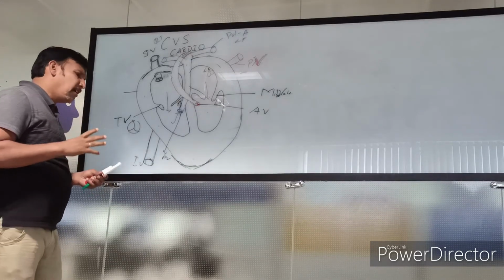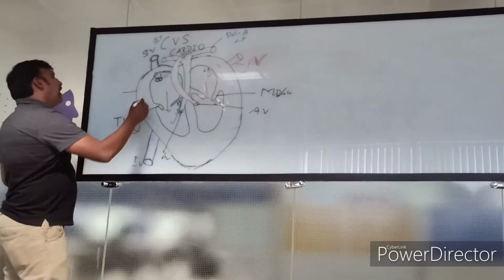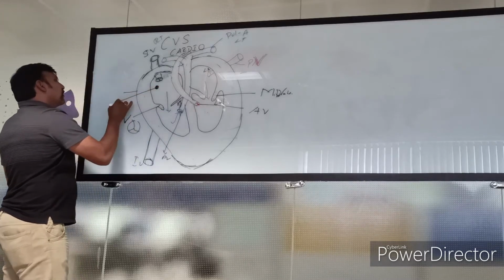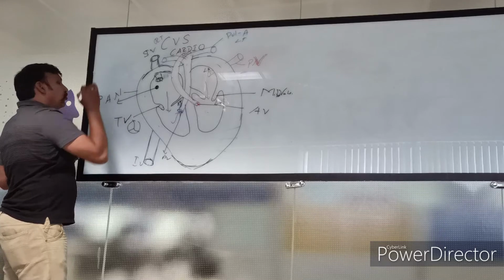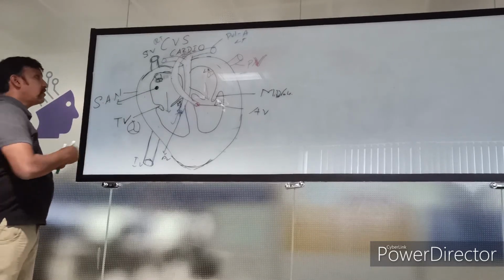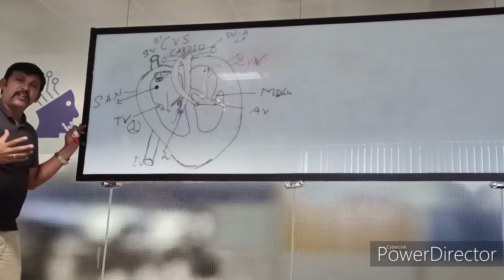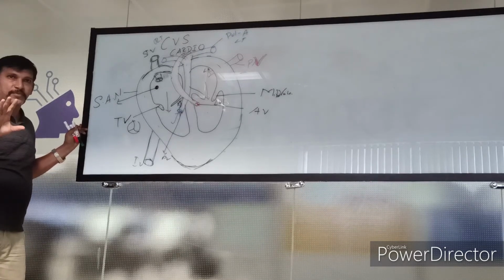We don't know exactly how, there is still research going on, but we have a node known as the SA node, the sinoatrial node. What does this sinoatrial node do? Naturally it just generates impulses, meaning energy.